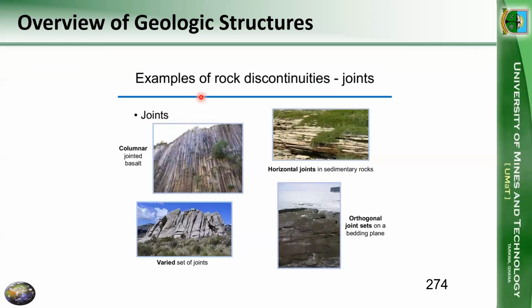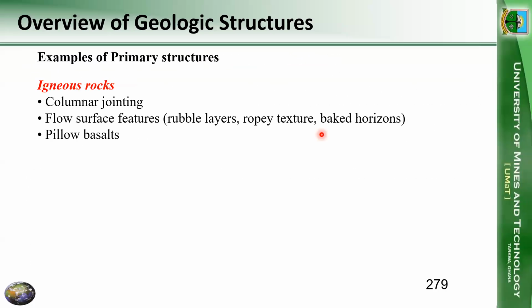This is an igneous rock and a primary structure in these basalts. Then we could also look at flow surface features and pillow basalts or pillow lavas. When we have an eruption into water, we could form pillow lavas or pillow basalts.